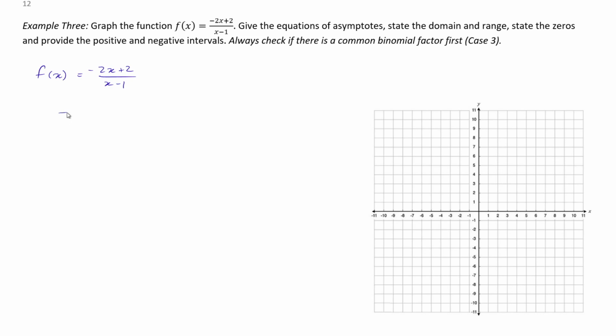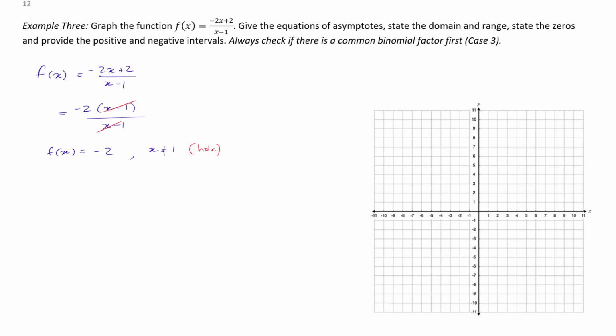But when I go to factor the numerator, I see that there is a common binomial factor here. Those cancel, and then I have f of x is equal to negative 2, but I have to stipulate that x cannot be equal to 1. So I'm going to draw a horizontal line at negative 2, but I will have a hole at x equal to 1.